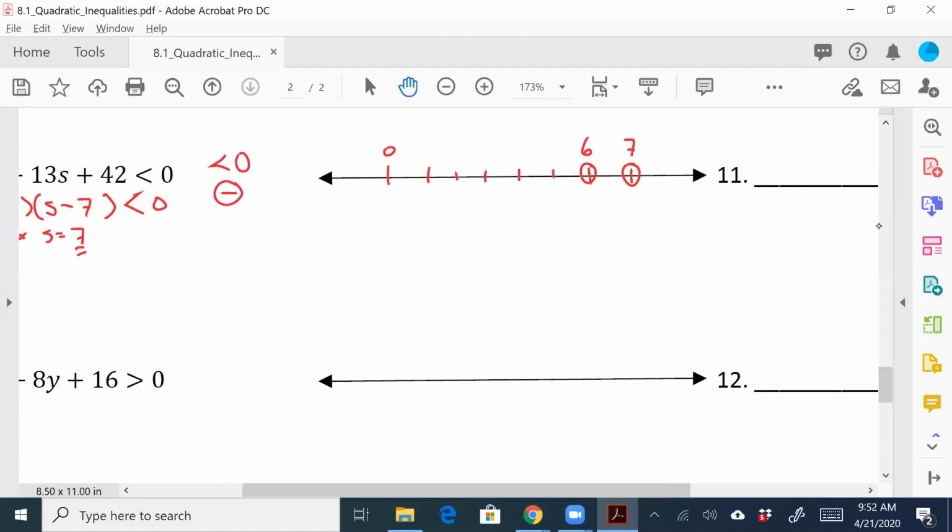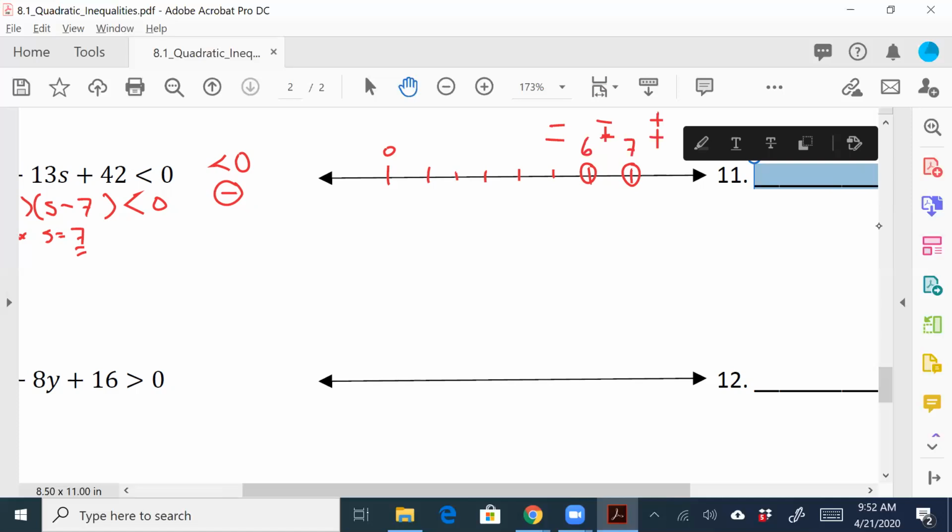I'm going to label these 6 and 7. And then to the left of 6, I'm going to make it negative and positive to the right. And then at 7, I'm going to make it negative to the left and positive to the right. And then I multiply my signs out.